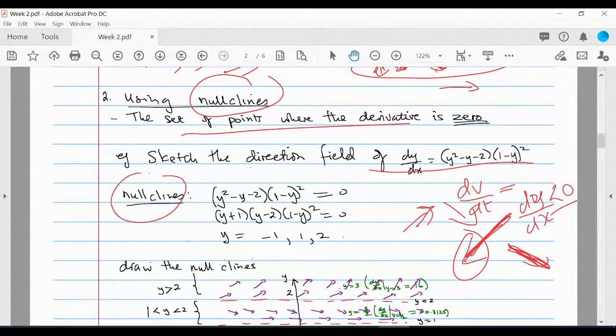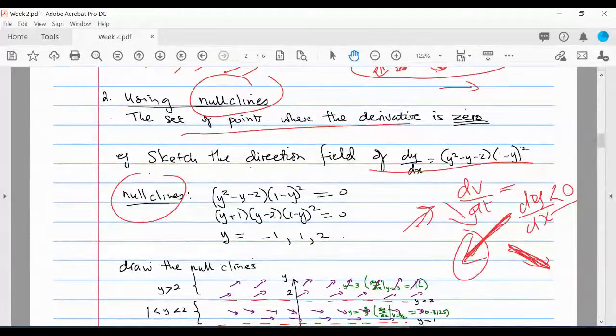So you now want to find them, they'll give you an idea of what is happening. So at nullclines, if your solution hits a nullcline, it stays there. If a solution hits a nullcline, it will stay there forever. Or it will not even be allowed to hit the nullcline, depending on whether the nullcline is attracting or repelling.